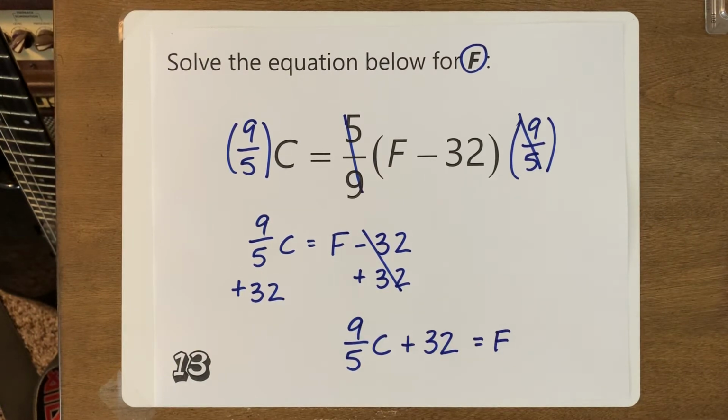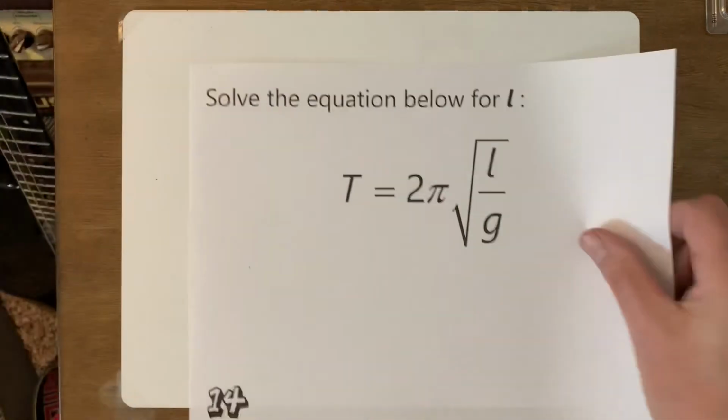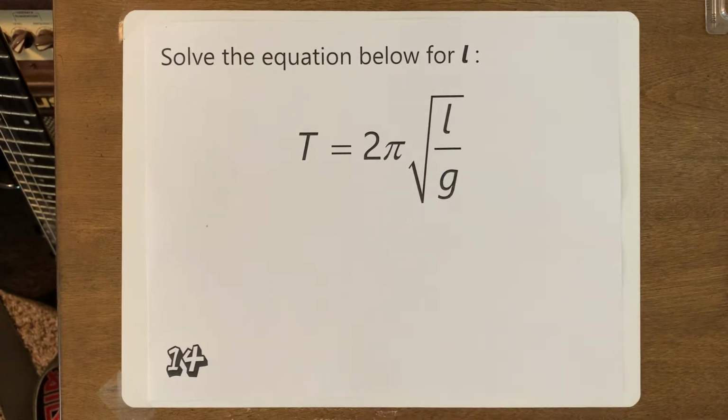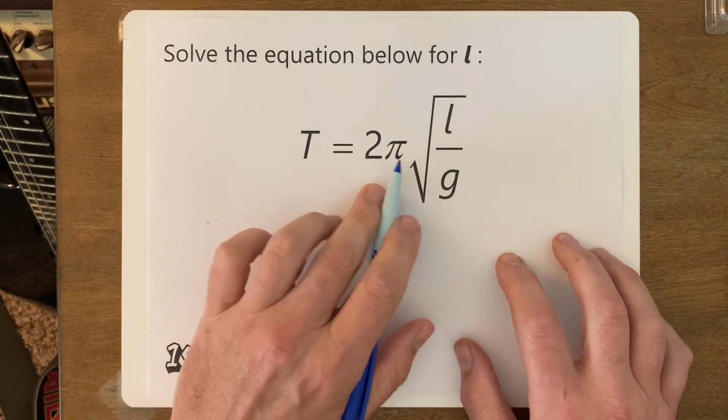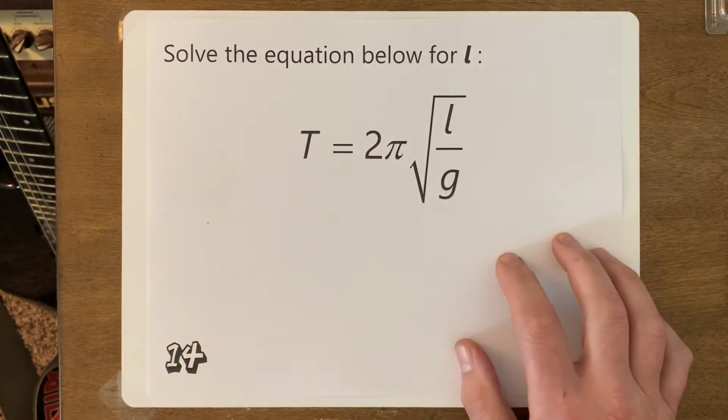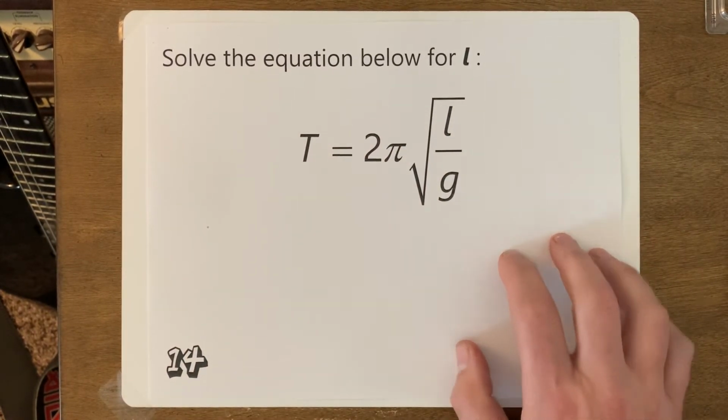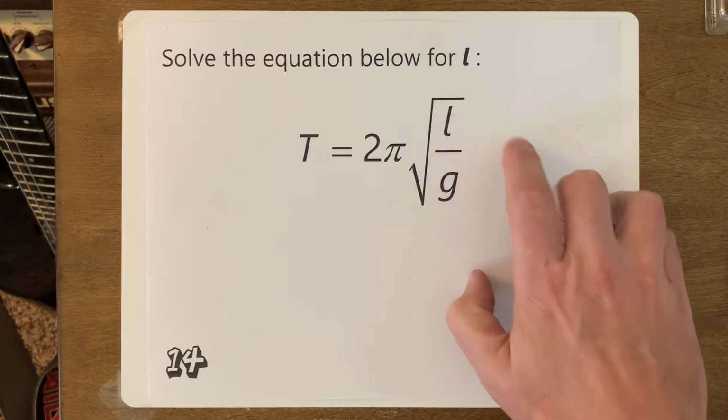Next one we've got, let's see what this one looks like. Oh, good. We've got the period of a pendulum. All right, so T is equal to 2 pi times the square root of L over G. So we want to get L extracted.